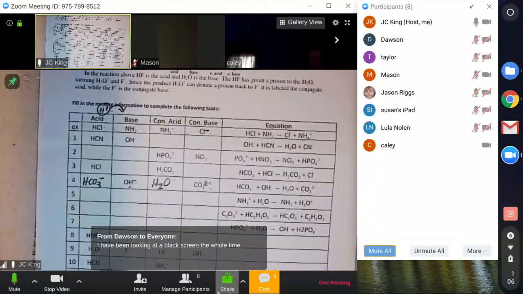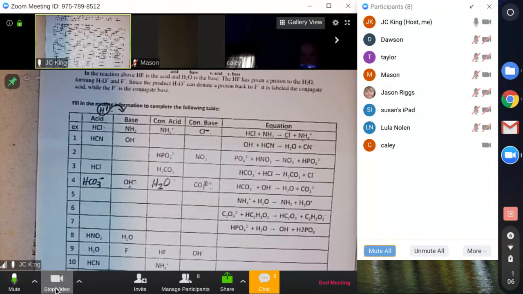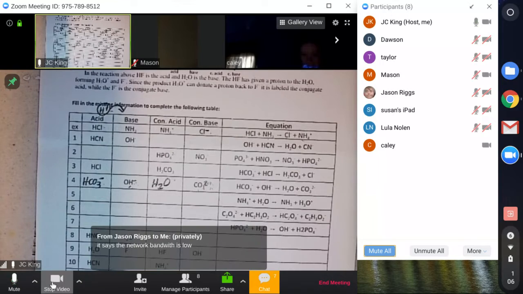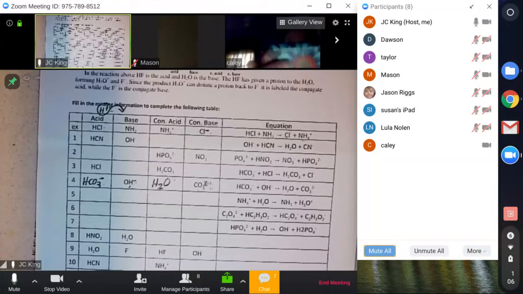Okay. Dawson, down there at the bottom left, you should have 2 buttons. One of them looks like a microphone. One of them looks like a camera. You should be able to click the camera button, and it should say, okay, it says the network bandwidth is low. I'm not sure if that's something that's on my end or if that's something that's on y'all's end.